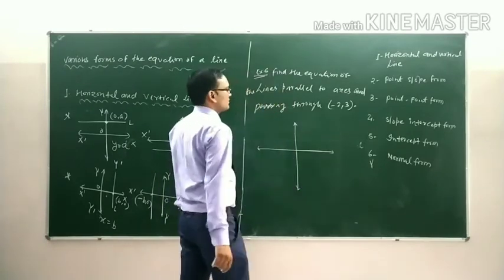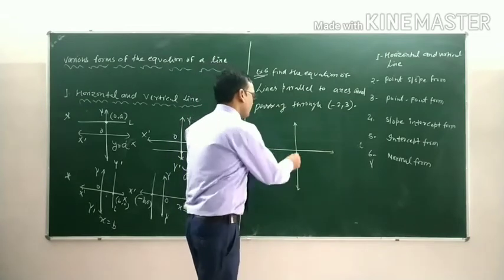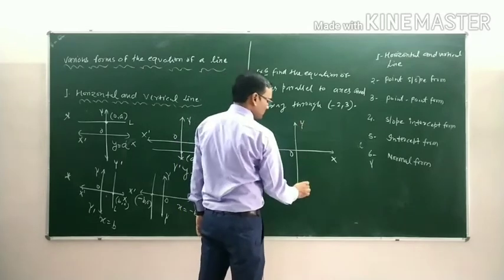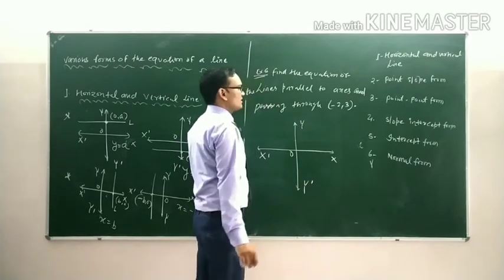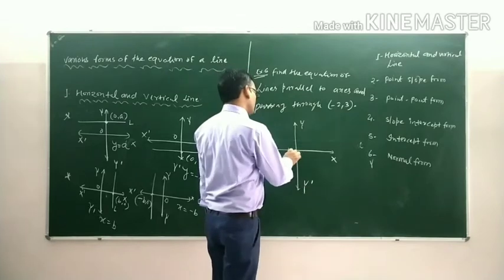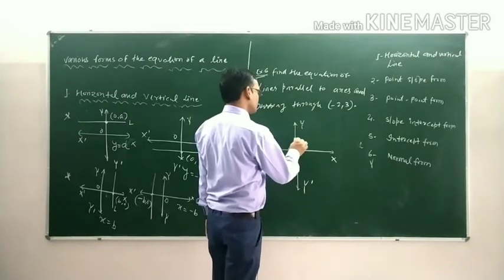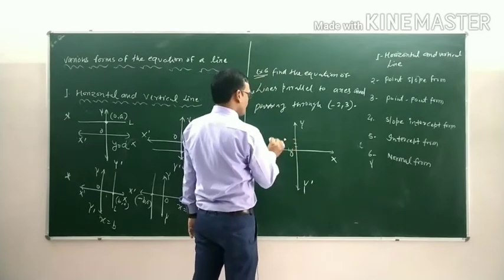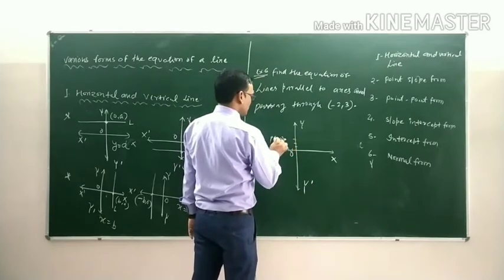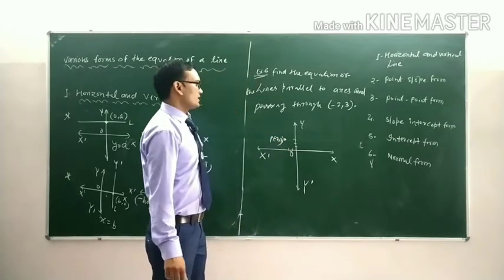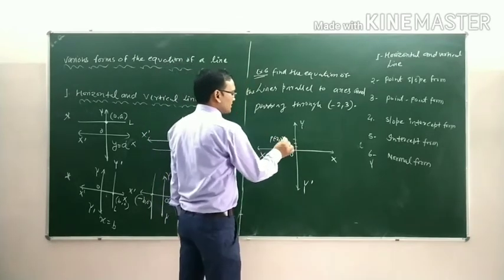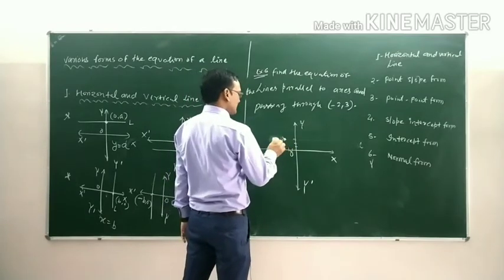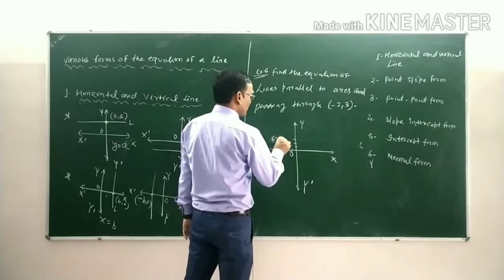First of all, we plot the point minus 2, 3 in a Cartesian plane. The coordinate of this point P is minus 2, 3. Okay students, the line passes through the point P and is parallel to the x axis.